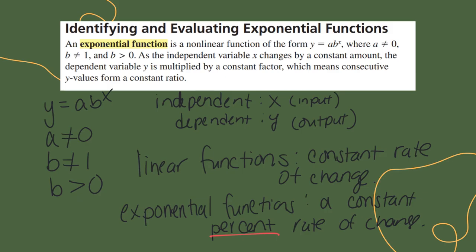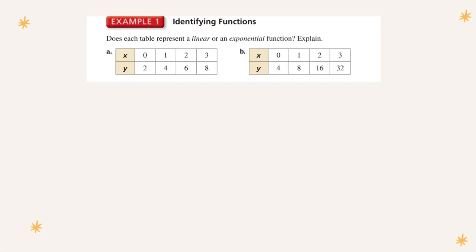Remember exponents: when you read the word exponent, that is to the power. In this example, we're going to identify whether the function represented is linear or exponential. If we notice, the difference between 0 and 1 is plus 1. The growth between 1 and 2 is plus 1, and between 2 and 3 is plus 1.